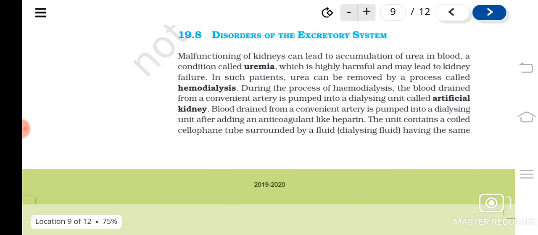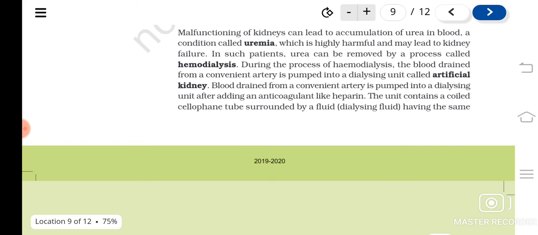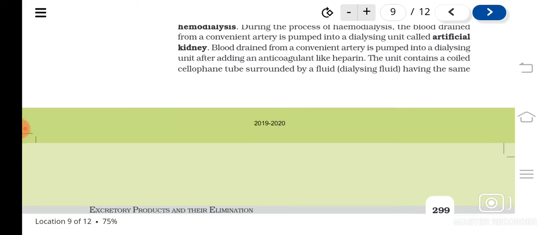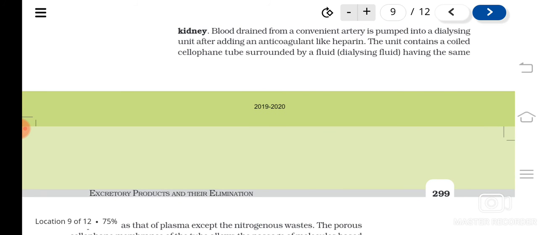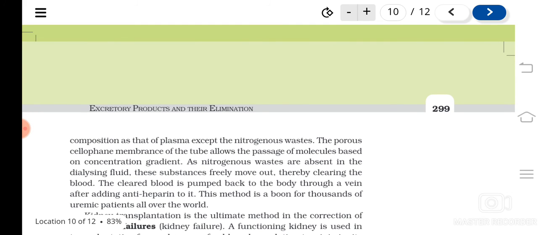Then this blood will be passed through the dialysing unit, which contains a dialysing fluid in which semi-permeable cellophane tubes are immersed. Through these cellophane tubes the blood will be passed.